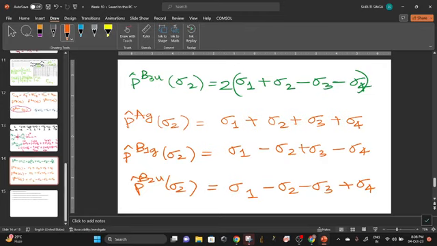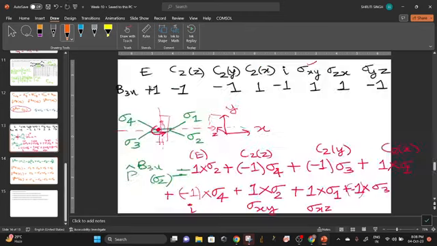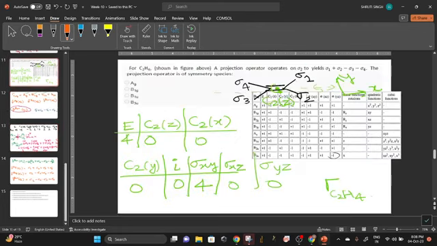Why have we chosen the sigma 2 projection operator? You can choose any other because all four are equivalent. You can choose sigma 3 also, you will get the same answer. But here the question says it operates on sigma 2, that's why I have chosen sigma 2.